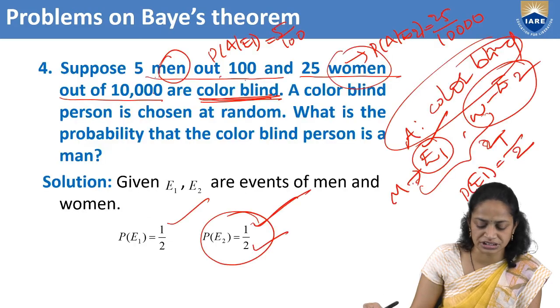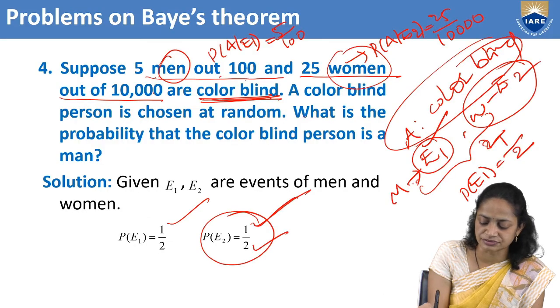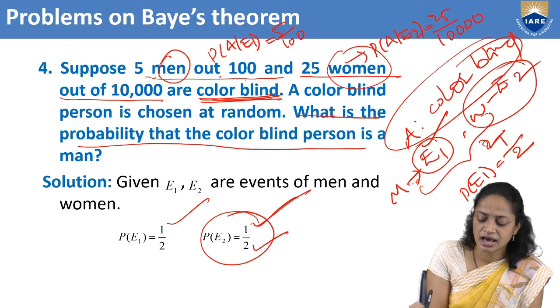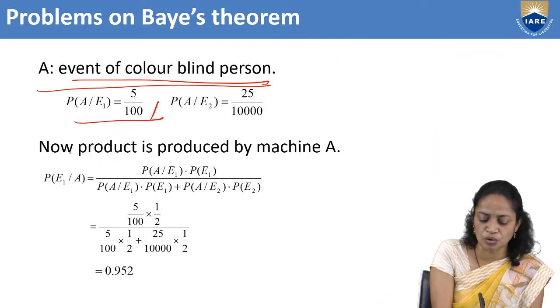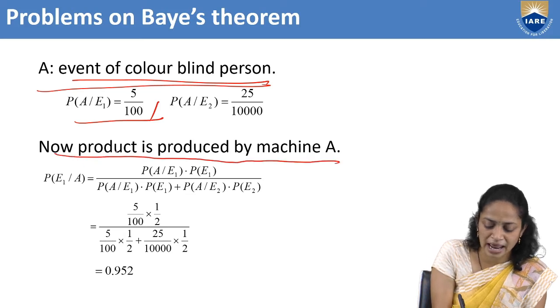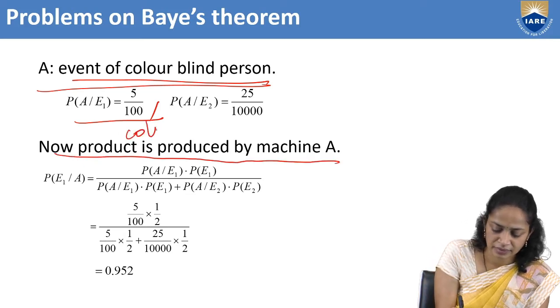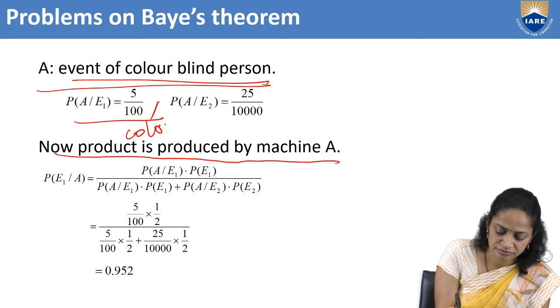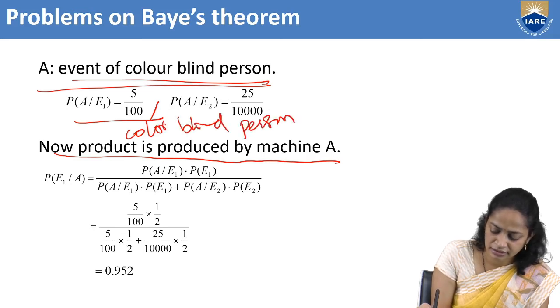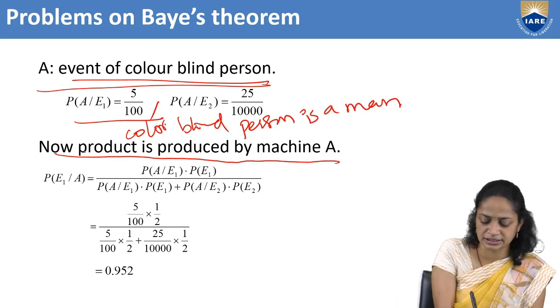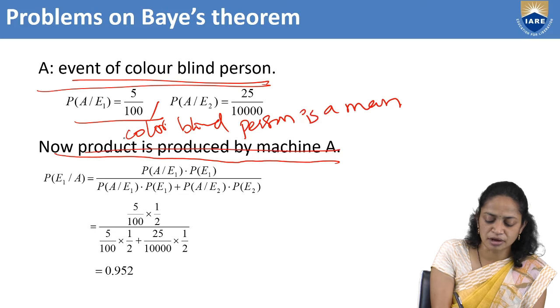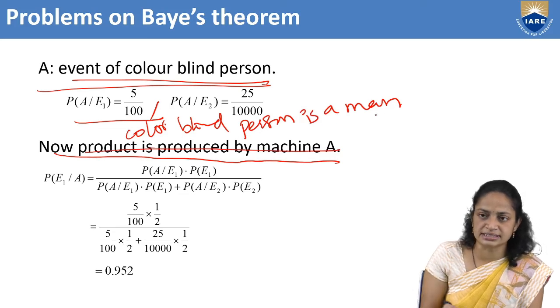So what is our question? Here our question is, what is the probability that the color blind person is a man? So that means here we need to find the probability that the color blind person is a man.